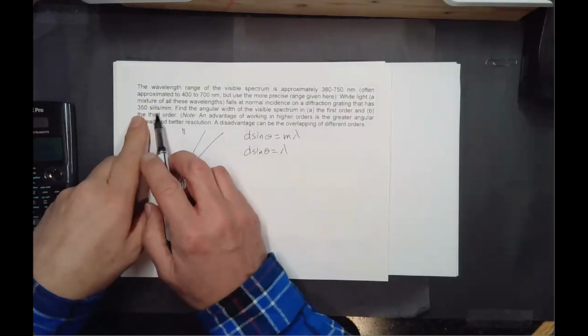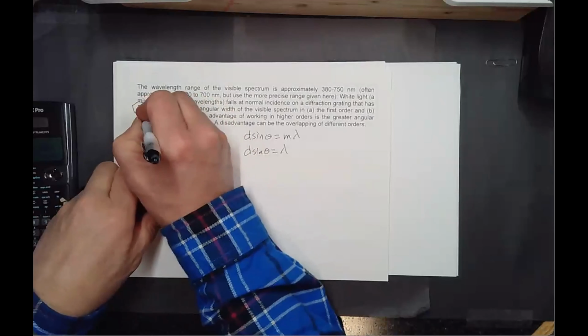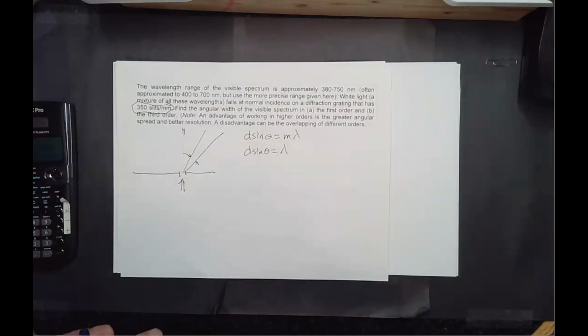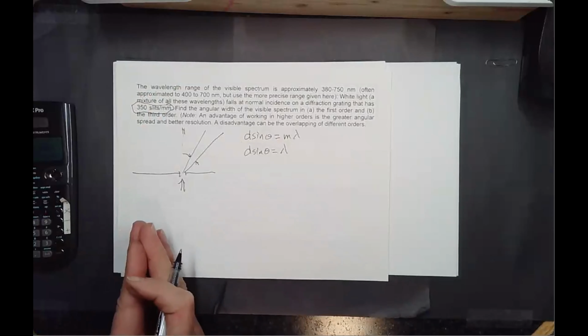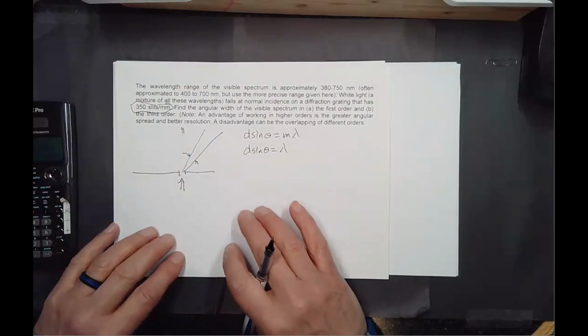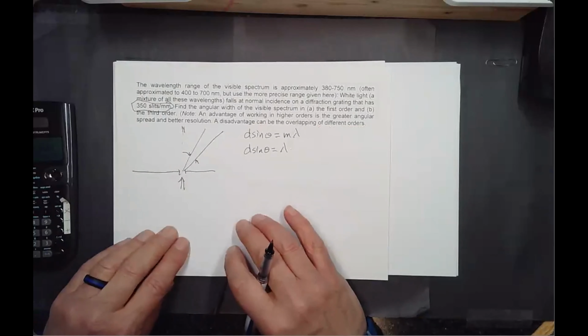Now, this 350 slits per millimeter, that's not the separation between the slits. It's actually the reciprocal of the separation between the slits.